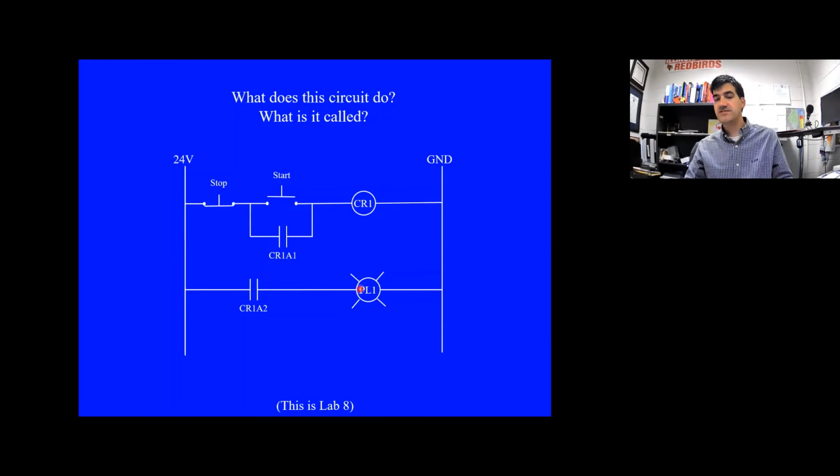So what happens is you press start and release it. PL1 is going to turn on and stay on until you press stop and release it, and then PL1 turns off and stays off. And you might remember what this is called. It's called a latching circuit. It latches. It latches on to the coil. The coil latches on.